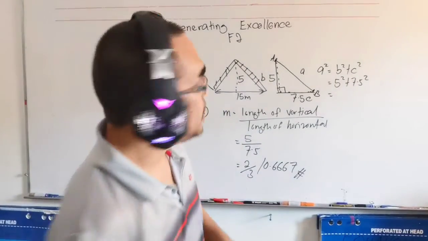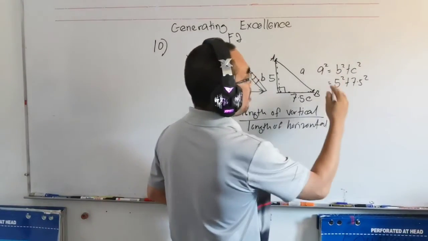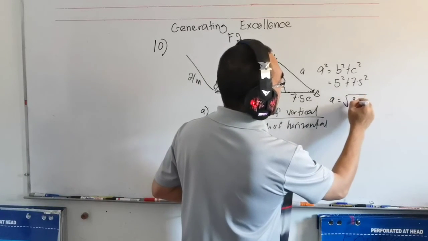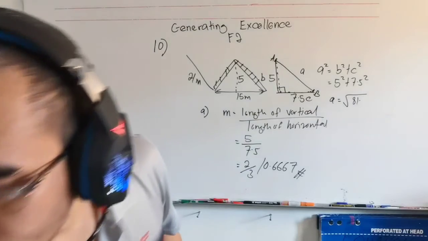Because we want to know the value of A, not A squared, A will be the square root of 81.25.